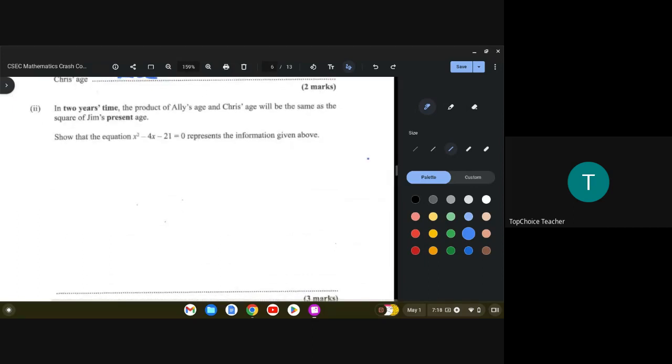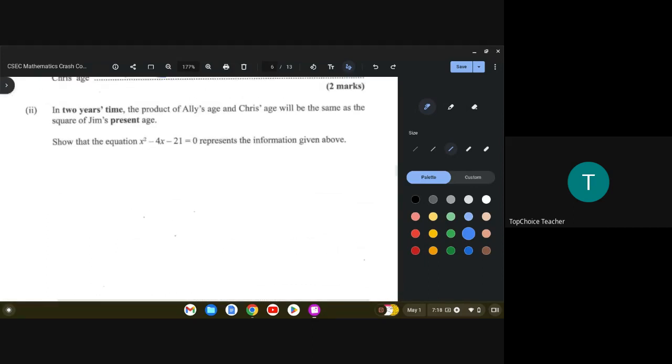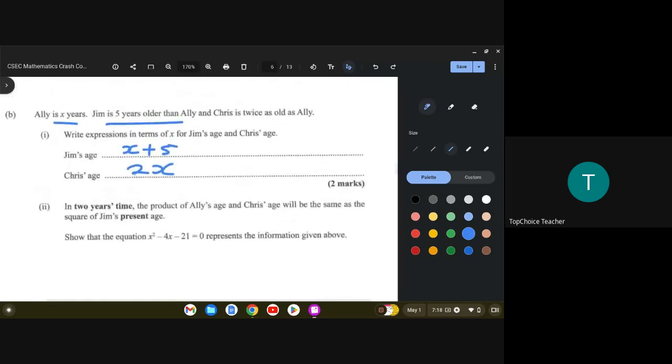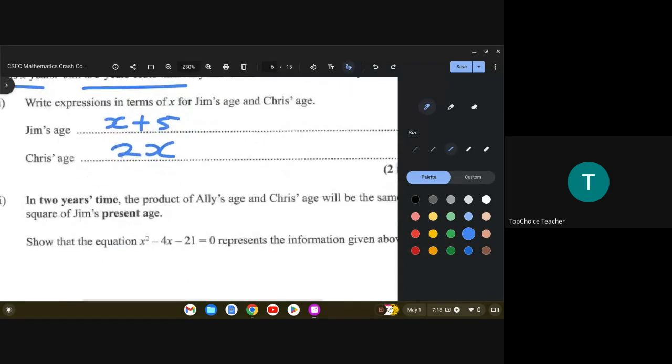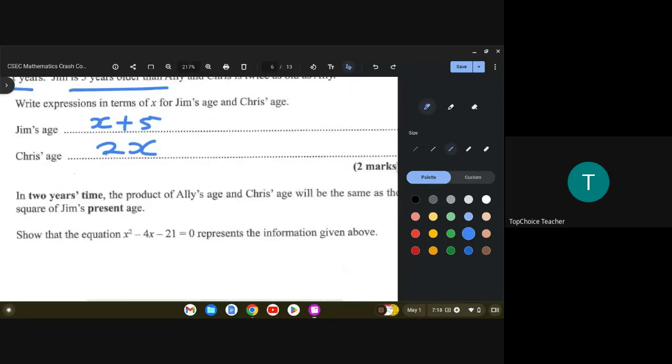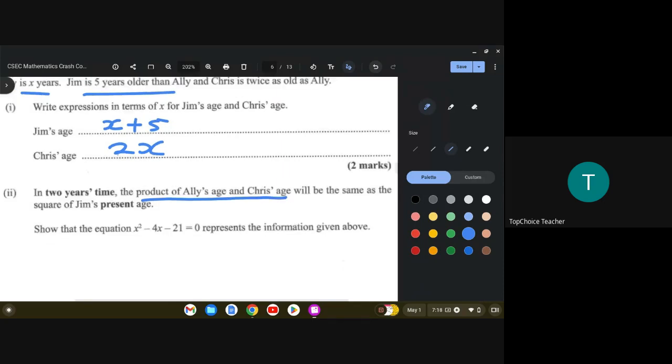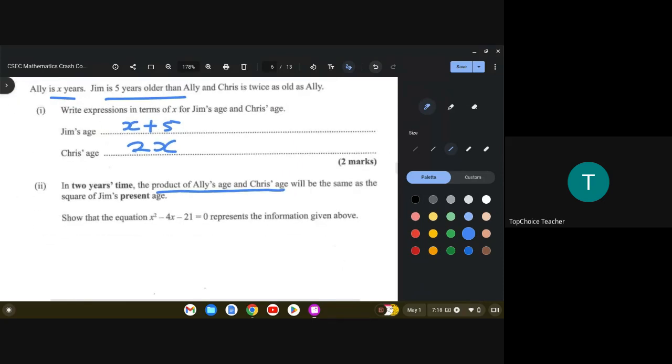Moving on now to the 3-mark portion. Now, this is where you can get confused if you don't read your question properly. In 2 years' time, the product of Ali and Chris's age will be the same as the square of Jim's present age.